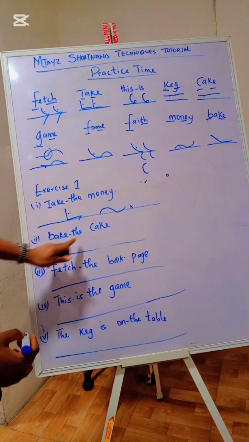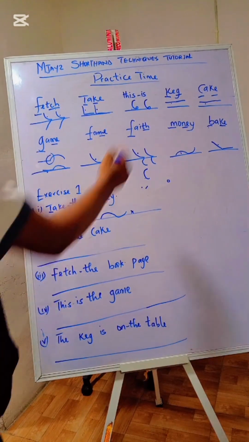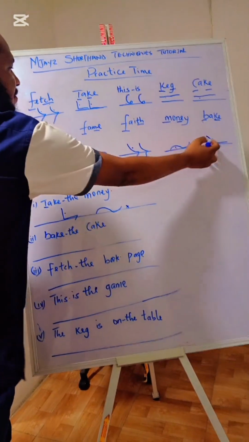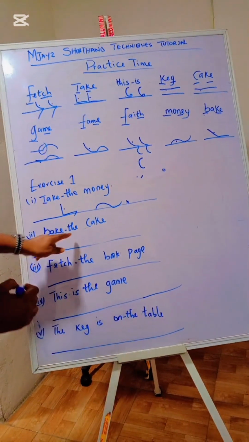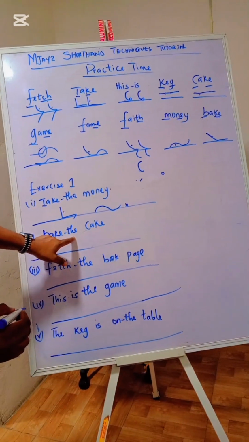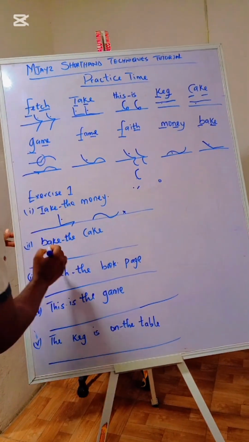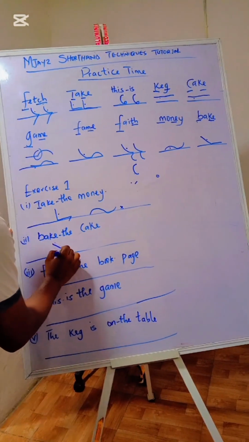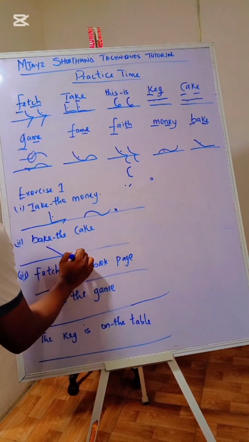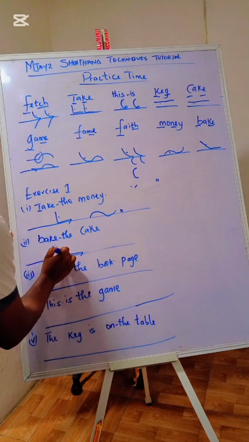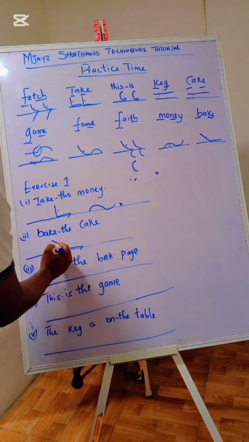The next one is bake the cake. We have the word bake on the board, I think. This is bake, and we have D, which is going to be the short tick. So bake will be B, then D. Bake the cake.